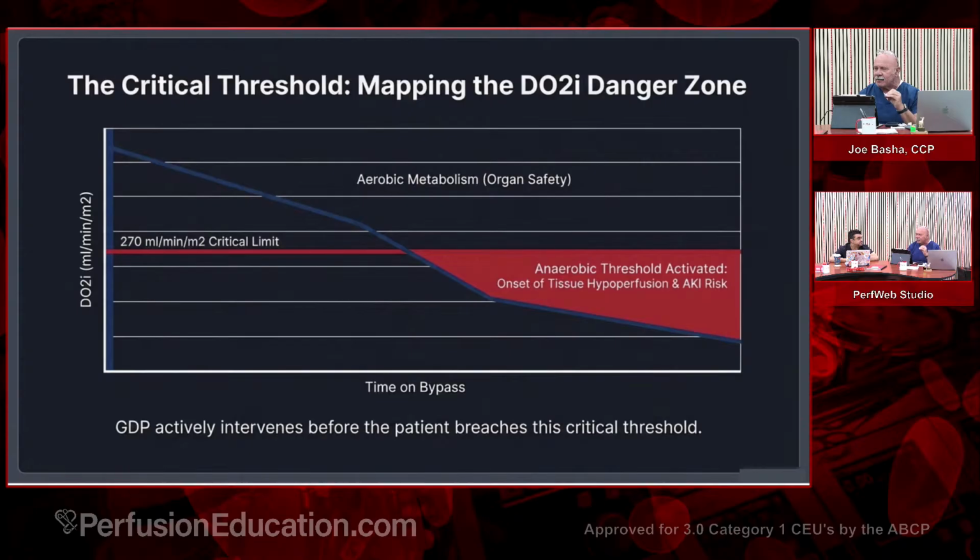So any decrease in DO2 to the kidney has a profound impact. And unlike the brain, which is the highest consumer of oxygen, but has this remarkable ability to take the last mole of oxygen remaining and screw everybody else.